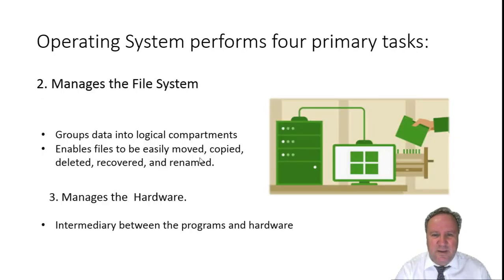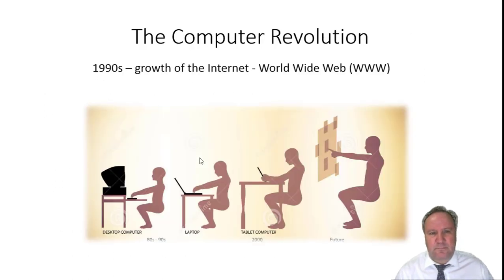And then the second task of the operating system is that it manages the file system, all these different systems inside the files, and also makes the communication between the hardware and the software, such as printing.